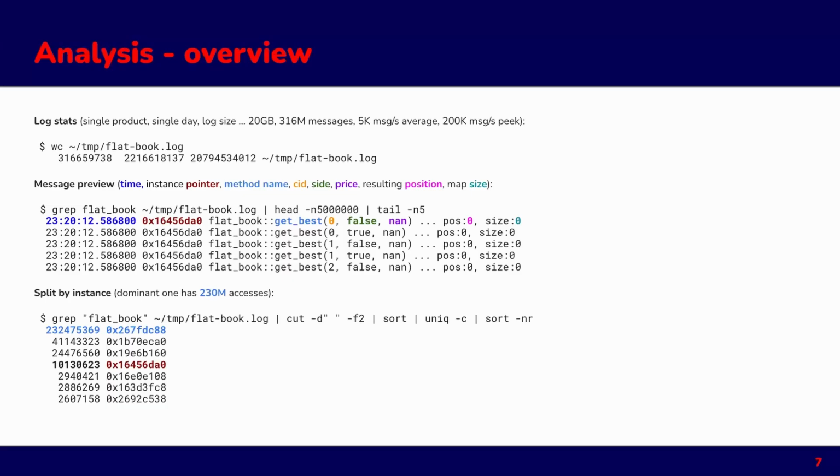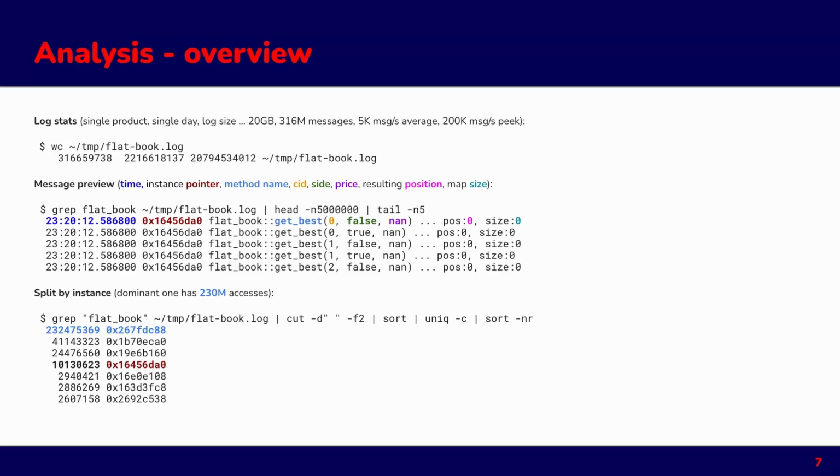There are several instances in Trader, so that's interesting to slice the log for individual instances. Then you can see method name, contract ID, site, price, and the resulting position index and size of the map at the moment of a particular method call.